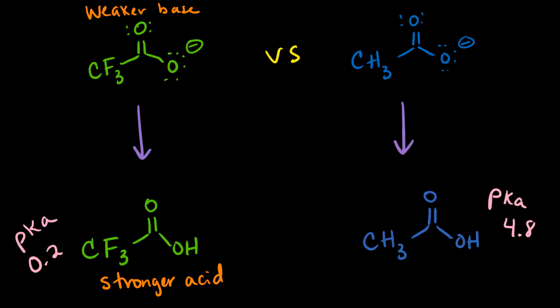And you can see that the pKa of trifluoroacetic acid is a lot lower than that of acetic acid. And so the implication there is that the conjugate base of trifluoroacetic acid, which is shown in the upper left in green, is more stable than the conjugate base of acetic acid, which is shown in the upper right in blue. But again, we're left with this question of why.